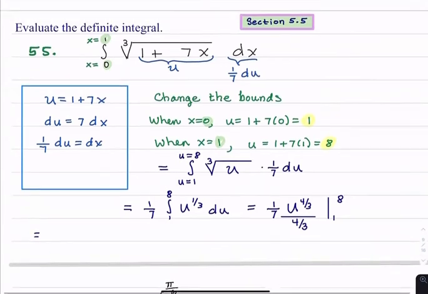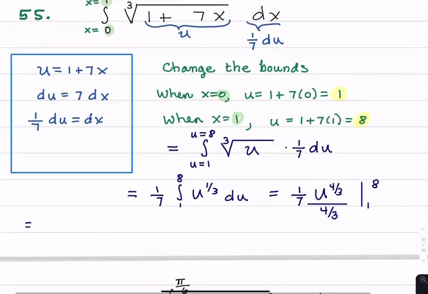So this is going to equal 1/7 times the reciprocal of 4/3, which is 3/4. And then what is u to the 4/3? It's u to the 1/3, which is the cube root of u, and then we raise that to the 4th power. Again, u to the 4/3 is the third root of u raised to the 4th power.